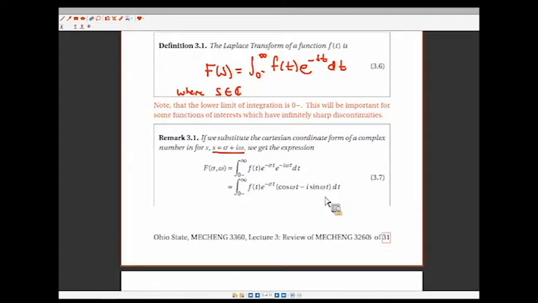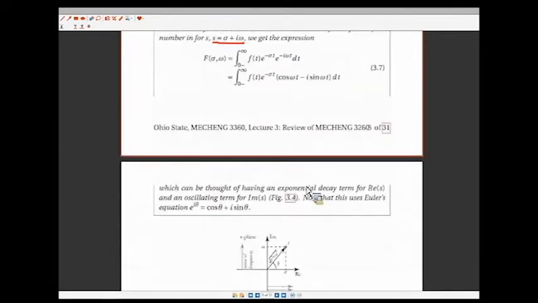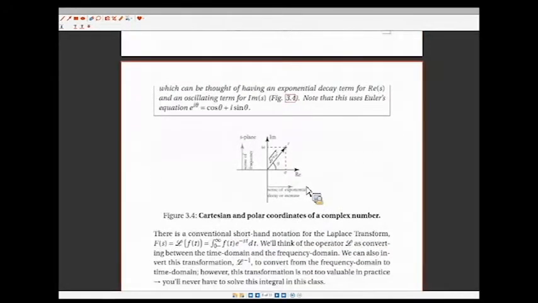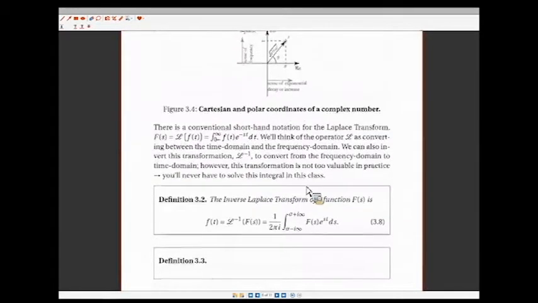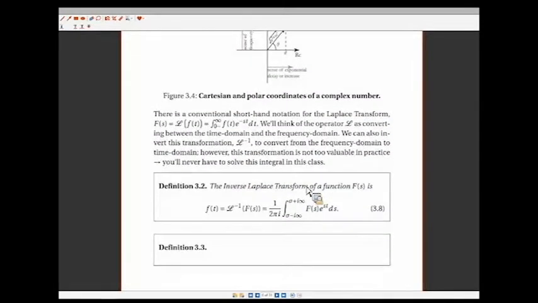So I've transformed the function from purely in the time domain to having elements of frequency to it. That's why we call it the frequency domain. There's an inverse Laplace transform. We'll never use this in this class. We'll be using the tables.